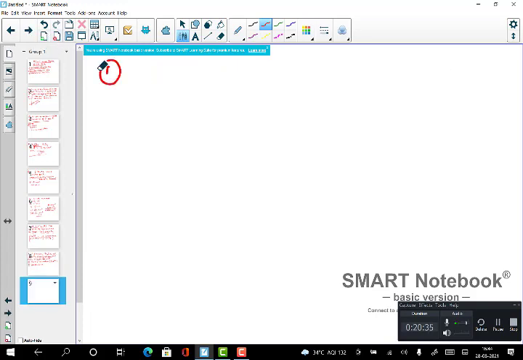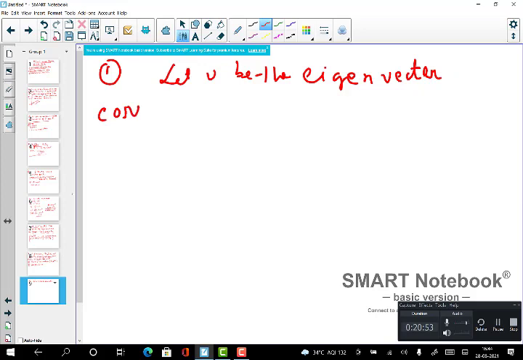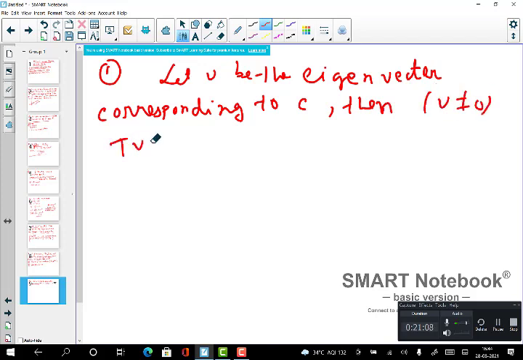If C is an eigenvalue, let V be an eigenvector corresponding to C. Then obviously V is not equal to 0 and TV equals CV, and that implies (T minus C I)(V) equals 0, right?